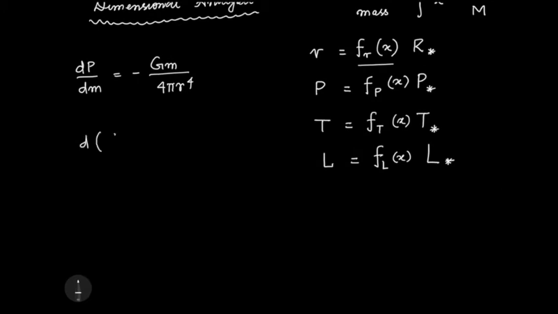P I can replace by what I have in the right hand side. So it is F_p P star. P star obviously doesn't depend on the radius or the mass.